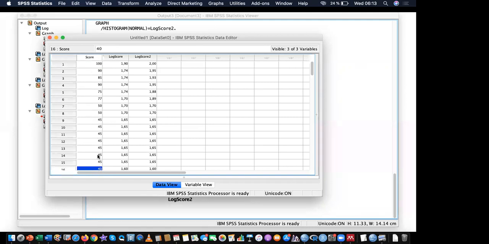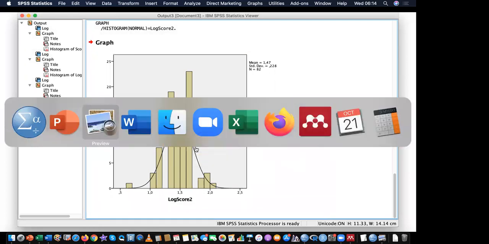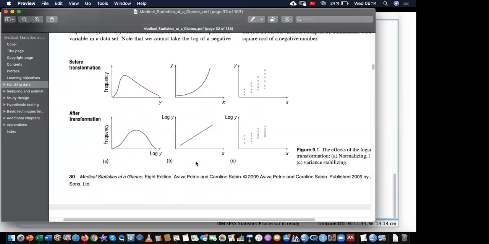Now, the logarithm of 100 on the base of 10 is 2, and the logarithm of 40 is 1.6. So the gap between 1.6 and 2 is much less. Therefore, it is normal that we expect a symmetrical distribution after logarithmic transformation.